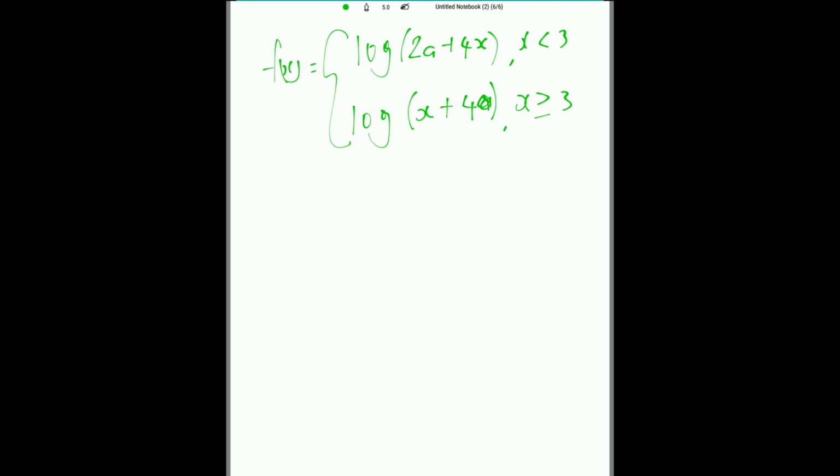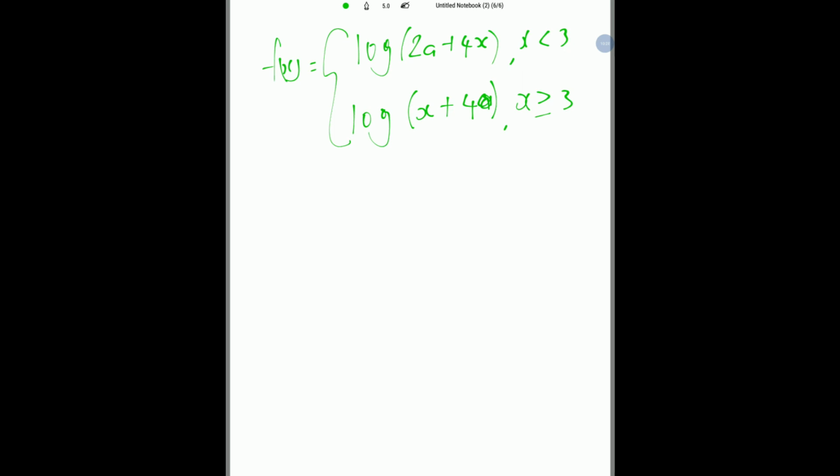So we're going to substitute x equals 3 into this function. And why 3 in particular? Because there's a crossover at 3. So this function is continuous for every x less than 3 and every x greater than 3. But we want there to be no jump discontinuity at that point. We do that by ensuring that the left-hand limit is equal to the right-hand limit. So that's why we're using x equals 3.